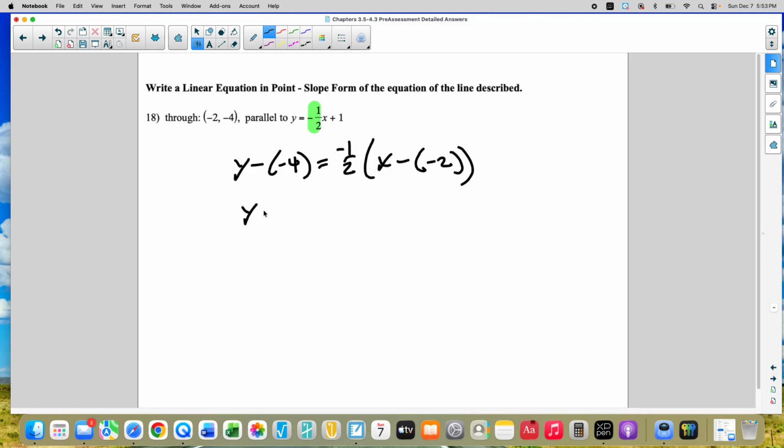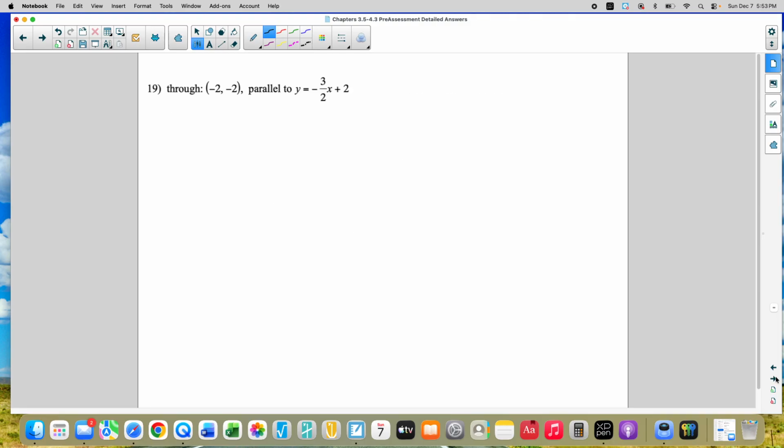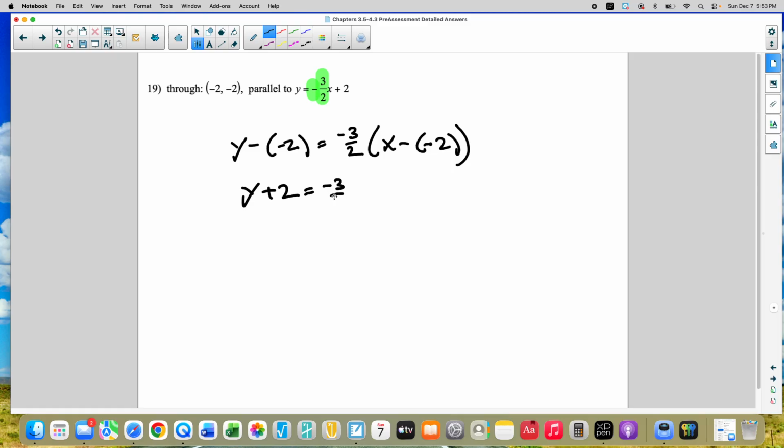We're going to get rid of those double signs. And there it is. That took real quick. Same thing. If they're parallel, then I know that my slopes are going to be the same. I have a point, y minus -2 equals -3 halves times the quantity x minus -2. Let's get rid of those double signs. And we're good.